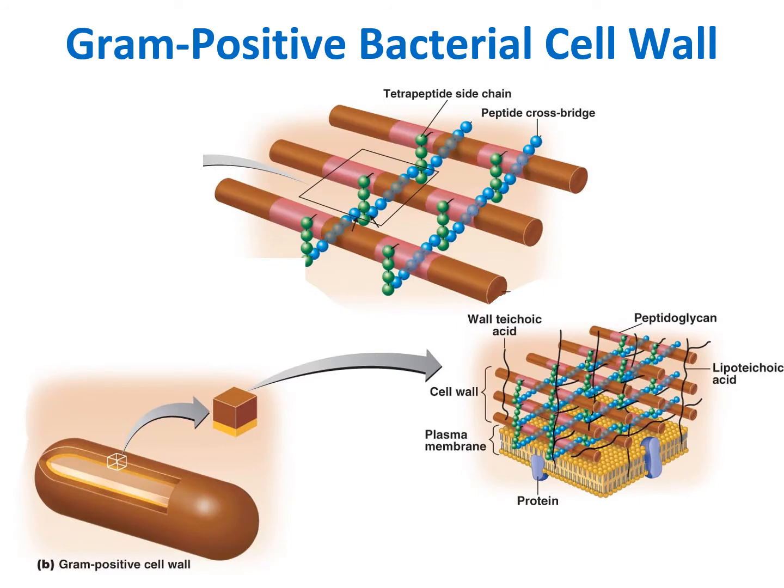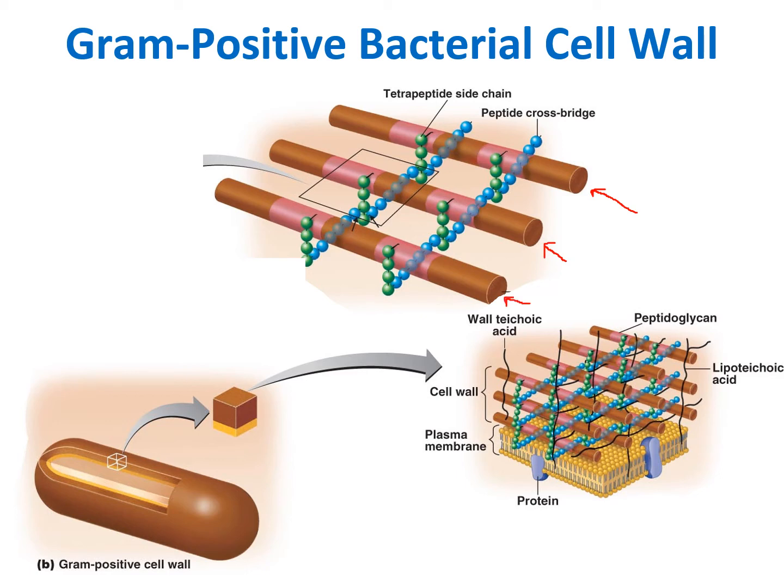Bacteria are divided into two groups based upon the structure of their cell walls and how much peptidoglycan there is. The first group of bacteria are called the gram-positives, and they have a thick layer of peptidoglycan. You can see the diagram of it here. These are the peptidoglycan backbones that I mentioned on the last slide.